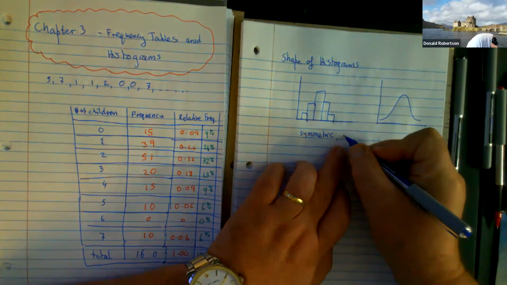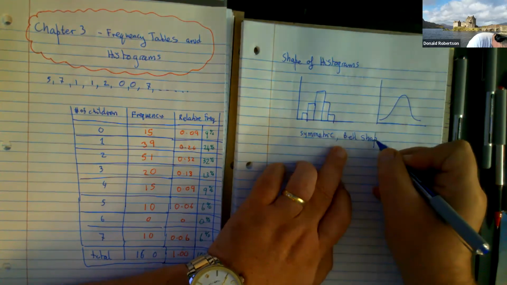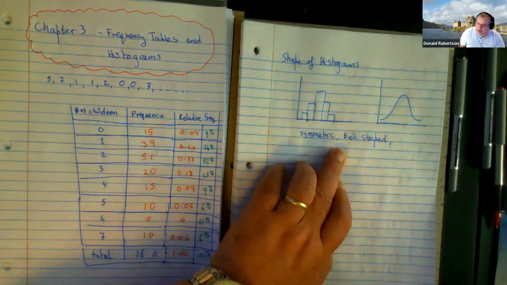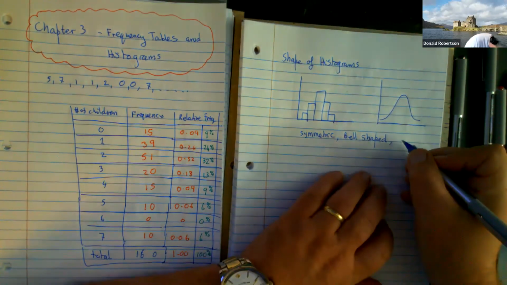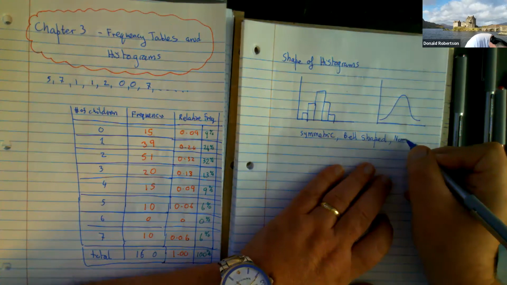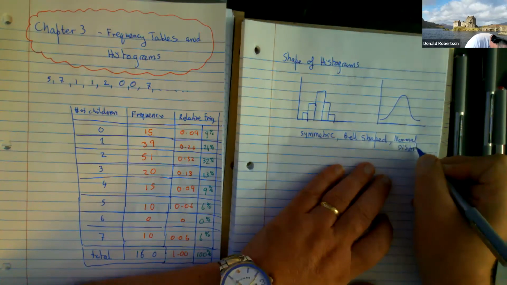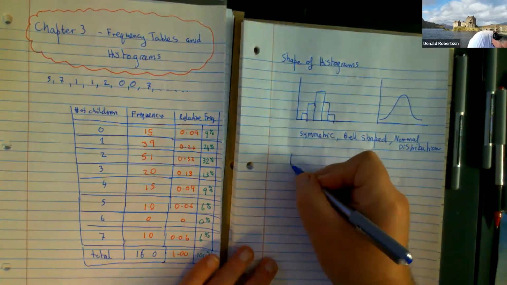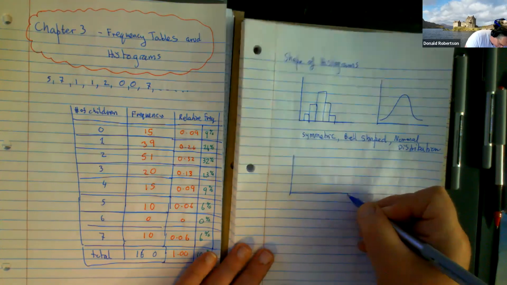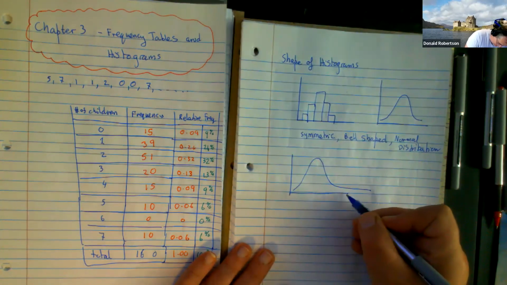We also call it bell-shaped, because it does look a little bit like a bell, doesn't it? And we also have a third name for it. It's sometimes called normal distribution. Now, can you imagine that you got data that looked like that?